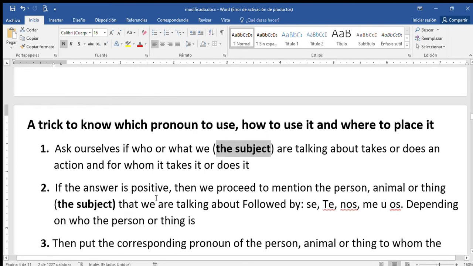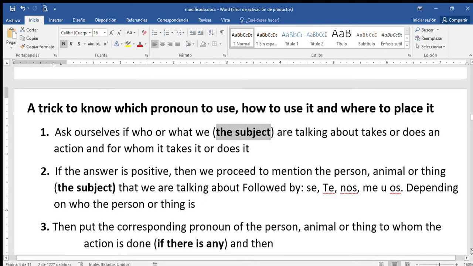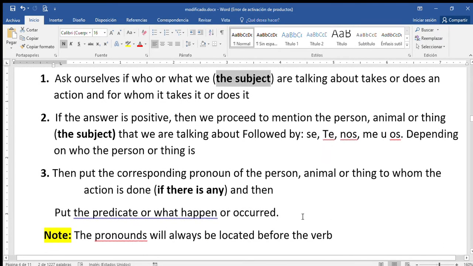If the answer is positive, then we proceed to mention the person, animal or thing that we are talking about, followed by se, te, nos, me, o, os, depending on who the person or thing is. Then put the corresponding pronoun of the person, animal or thing to whom the action is done, if there is any, and then put the predicate or what happened. Note, the pronouns will always be located before the verb.